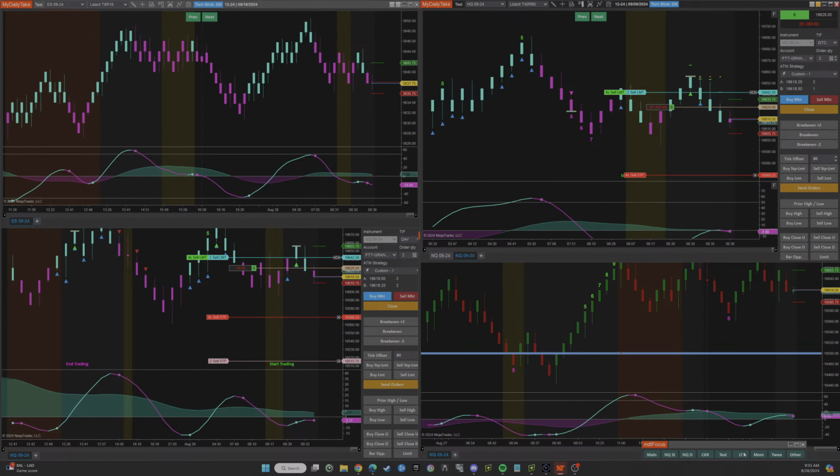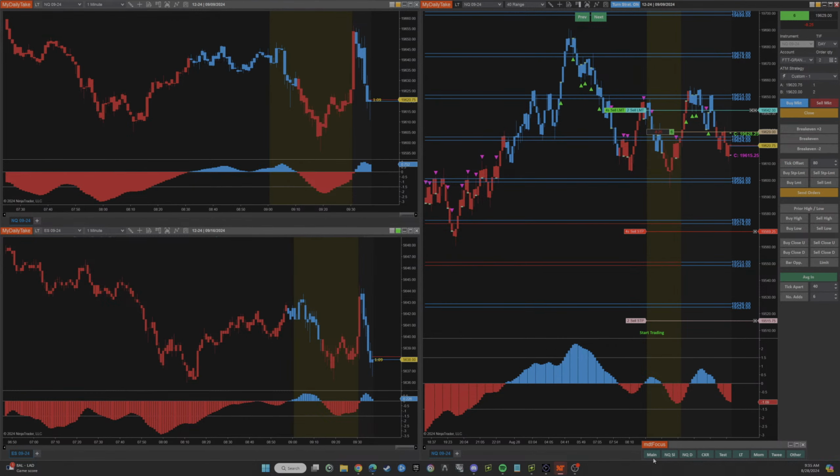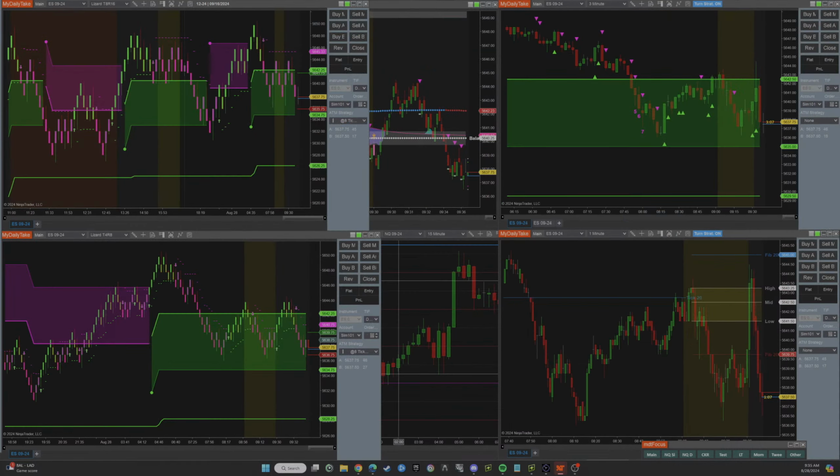Like that, it's turning down. Take a look at what's happening out here. You can still see everything on my other screen. It's just looking at this screen here. It lets me look at the ES as well.